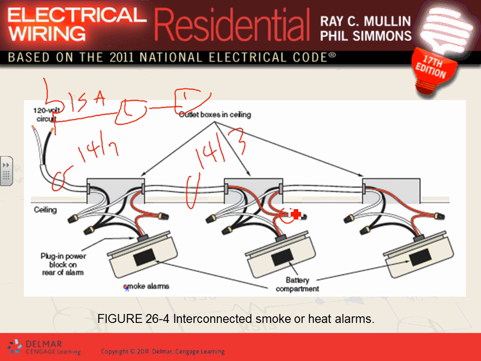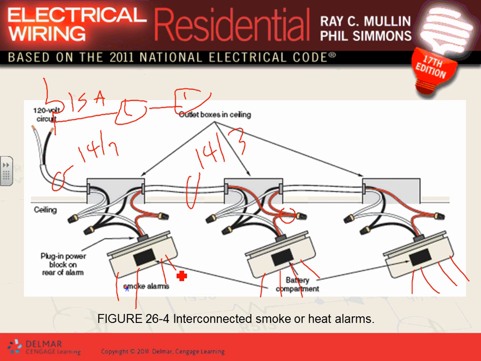The red, can anybody tell me what the red is doing? The red is the interconnection between all of them. If this goes off, it will send a signal on the red for each and every one of them to go off. That's required by 72. Can I have a thumbs up, Chad? 72 requires you to interconnect the smoke detectors with a third wire. If one goes off, all go off.